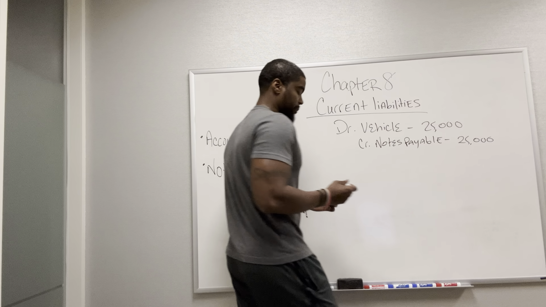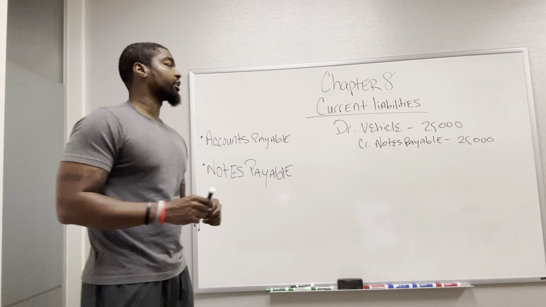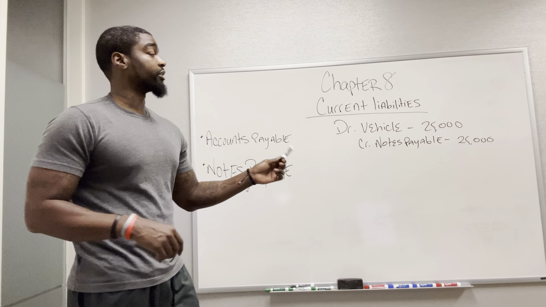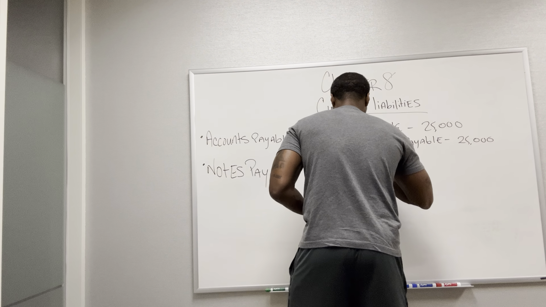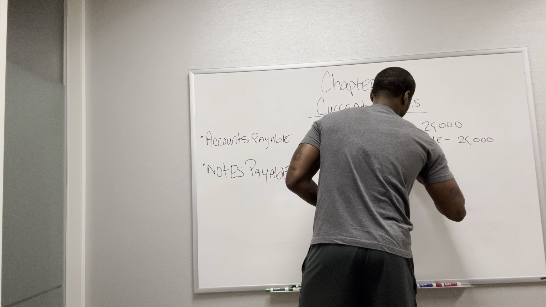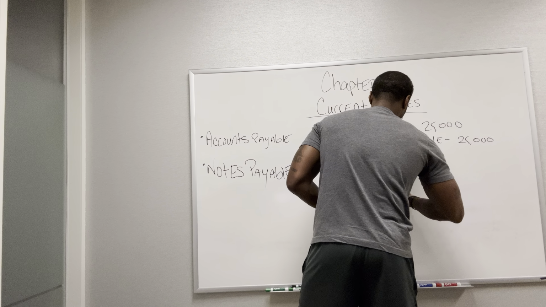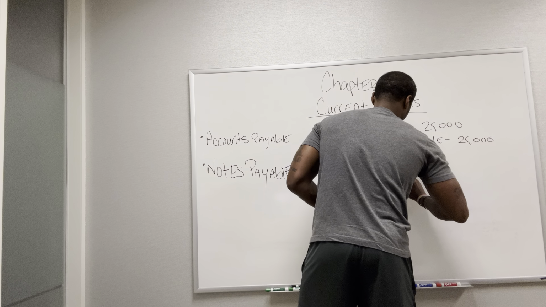And let's say we have to pay interest. I don't want to get into the whole interest calculation thing. The book goes through the interest calculation. But anytime that you have to pay interest on that note, your debit is going to be interest expense, and the credit interest payable, right?